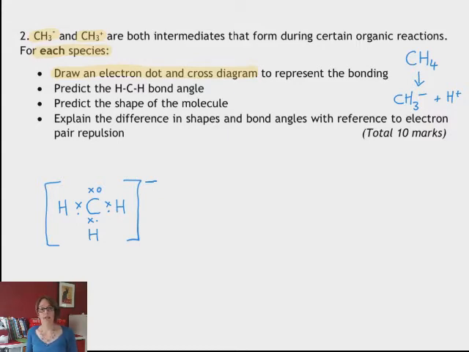And CH3+ is slightly easier. CH3+ wouldn't really form from CH4. Where CH3+ comes from, you may have seen this reaction before, is where a bond breaks unevenly.